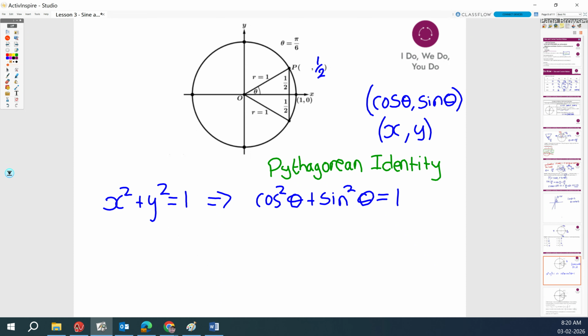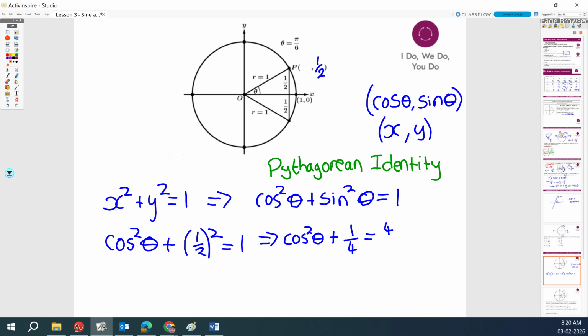So from the diagram, we know that the sine value is equal to a half. So we can put this into the Pythagorean identity, and it will lead us to an answer for the cosine value. So cosine squared of theta plus a half squared equals 1. This implies that cosine squared of theta plus 1 over 4 is equal to 4 over 4.